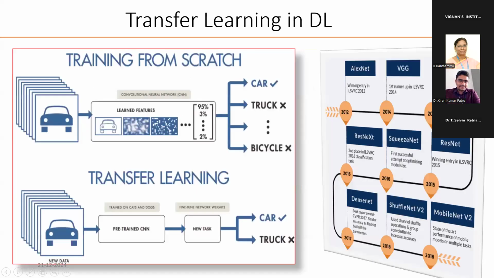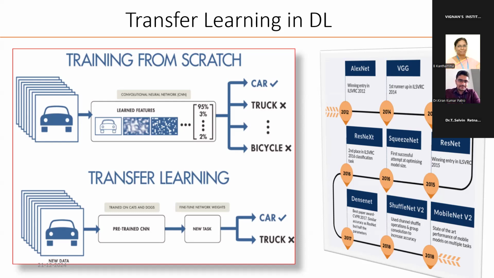Briefly, transfer learning means you have data, and some pre-trained CNN networks are available. On the right side you will observe AlexNet, VGG, GoogleNet, ResNet, SqueezeNet, MobileNet, and DenseNet. These are called pre-trained convolutional neural networks, already trained with some outside images, implemented year-wise.